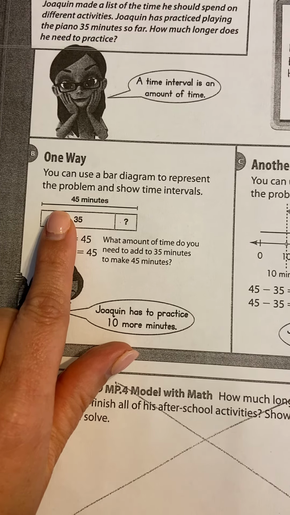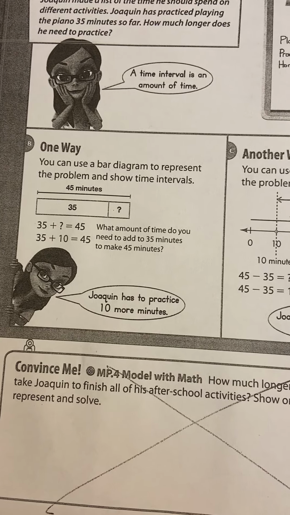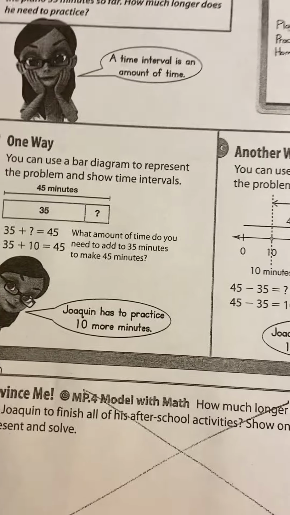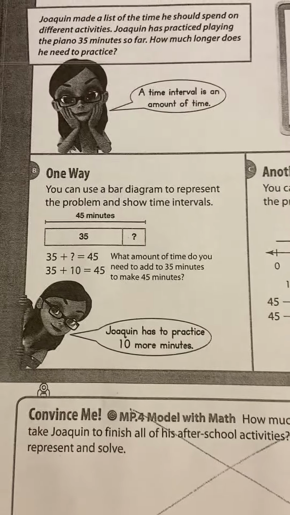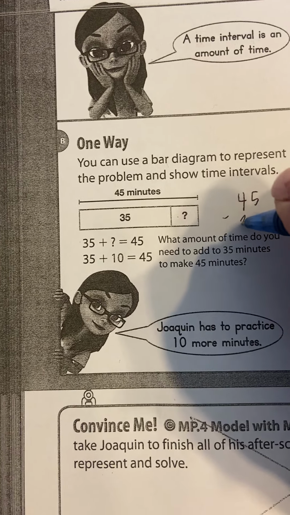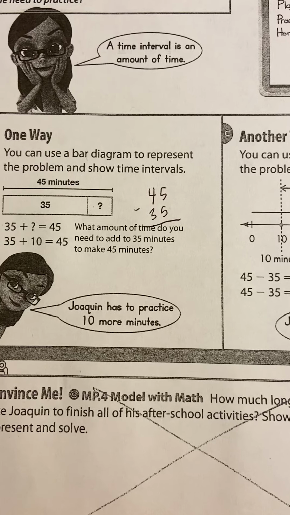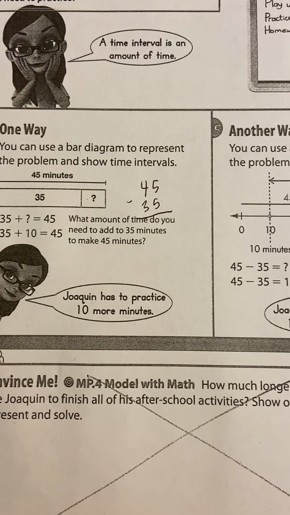So you can count up from 35 to 45. You could count by fives, or you could subtract to find the difference. You could rewrite that and say, what is 45 take away 35, to find the missing number, to find the difference also, okay?